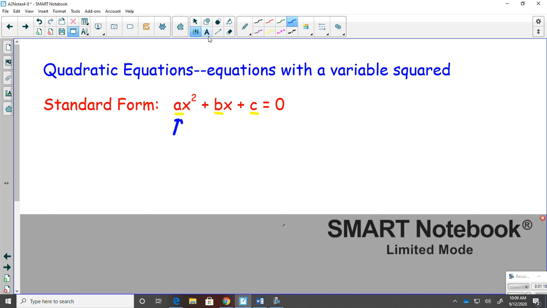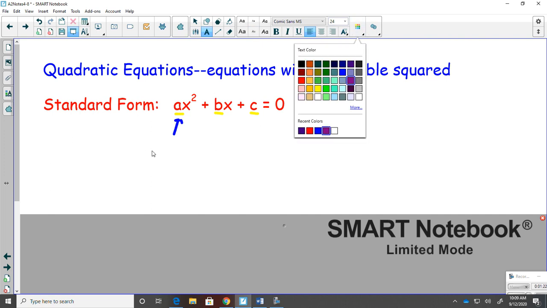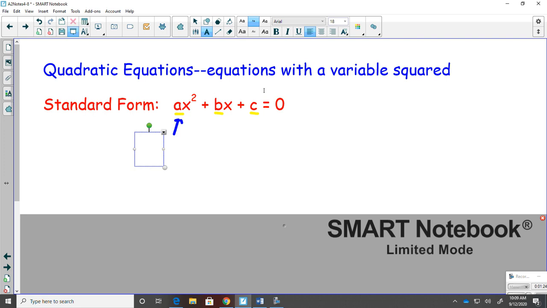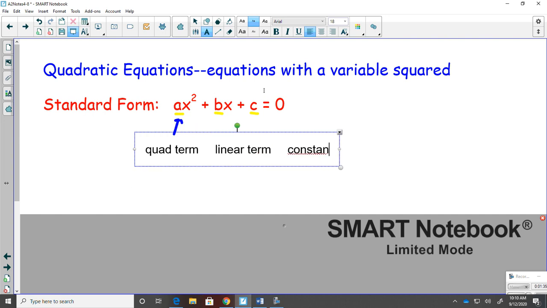This is the quadratic term. The bx is the linear term, and the c is called the constant. It's just a plain number.